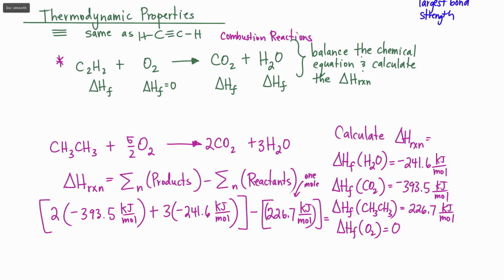So when you go through and you do all the multiplication, addition, and subtraction, you get a negative 1255.3 kilojoules per mole, and that is equal to delta H of the reaction. So you see how much energy is released when you do the delta H of the reaction. This is exothermic.